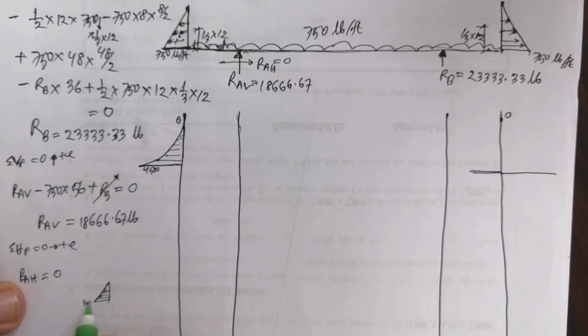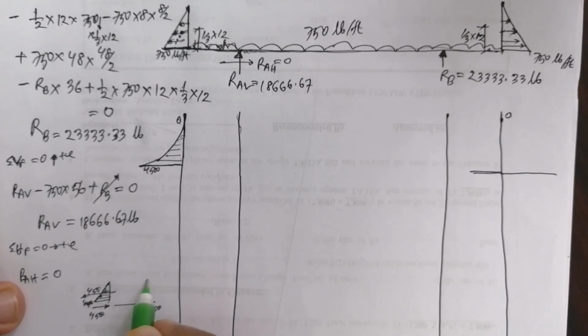So here 4500, the resultant force acting. Now this is also 4500 to this beam, also this beam 4500. Now force, this is 4500.